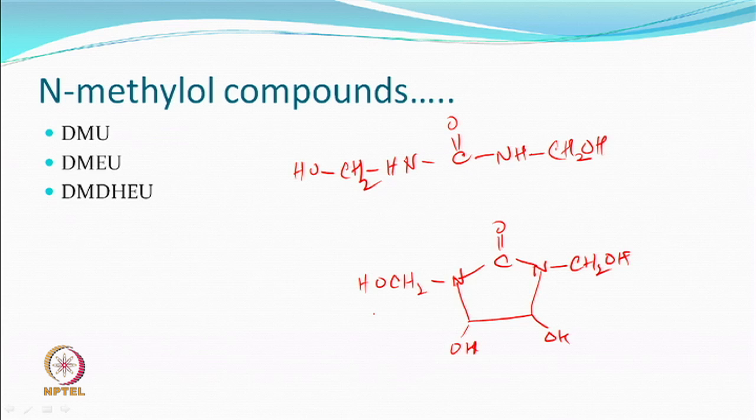So, this compound and the previous compound, the difference is this is linear and this is a cyclic compound. This by itself is a 5-membered ring, so relatively more stable, it does not break.